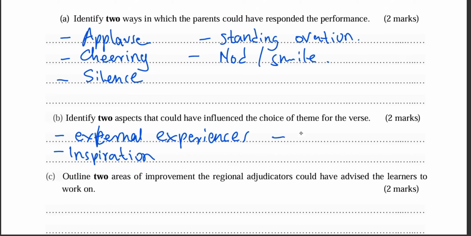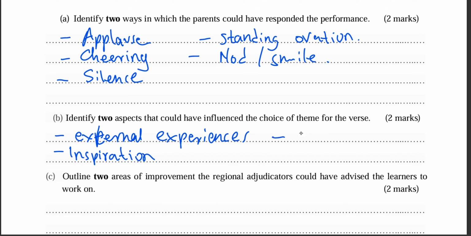It could also be a cultural and social context. It could also be influenced by the audience they are going to perform to and the purpose of the verse. So if the audience is children, the verse is going to be about children's issues. If it's to adults, then it's going to be on adult issues.